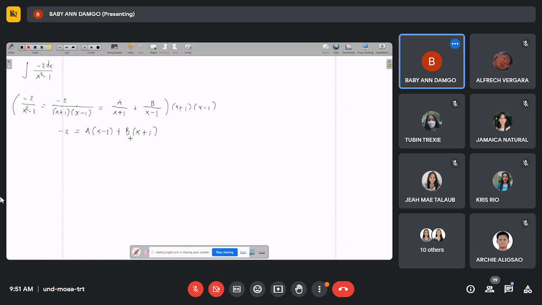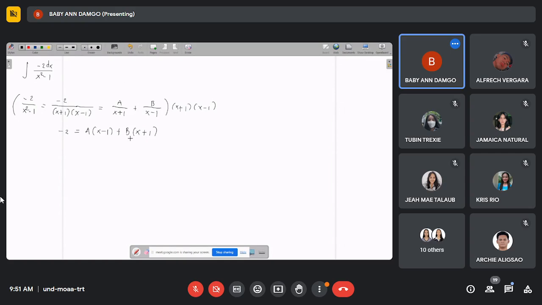For x, we have a plus b. Copy the negative 2. Then combine the constants: negative a plus b. Since negative 2 is equal to x times a plus b plus negative a plus b, we can compare like terms. The left side, class, can be written as 0x minus 2.